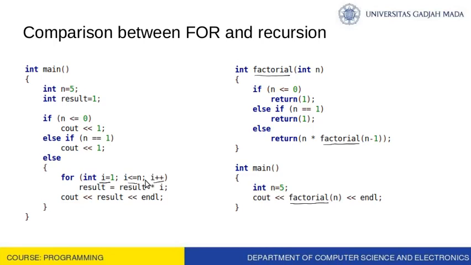So we have 3 parameters here, and if we want to convert this for into a recursion, it will be in the same logic.